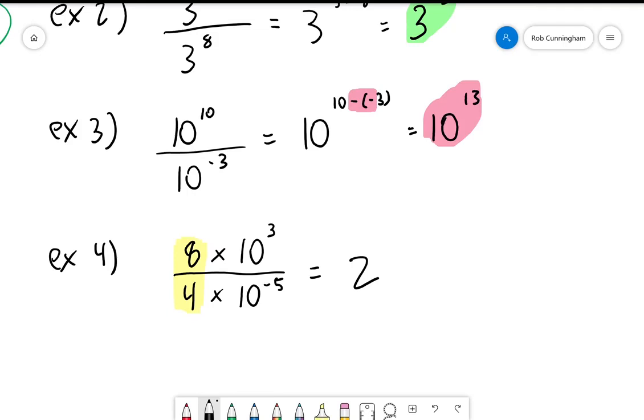Division is still division. Don't forget what you learned in elementary school. But to get that side, well, that's going to be 10 to the, again, be careful, 3 minus negative 5. So I'm starting at 3 and I'm going up 5, which means 2 times 10 to the 8th power.